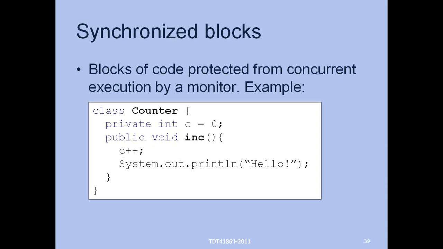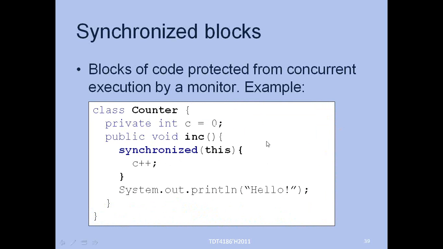So instead of mentioning the synchronized keyword at the method level, put the synchronized keyword right above the piece of code that you want, with its braces, and this is the object on which the lock will be obtained. This is a synchronized block versus a synchronized method in the earlier case.